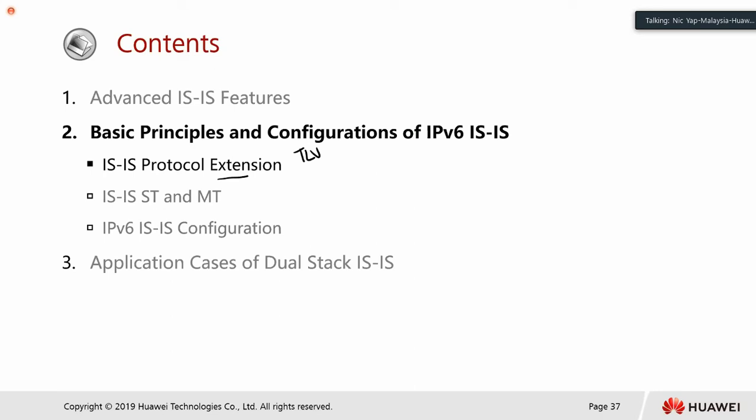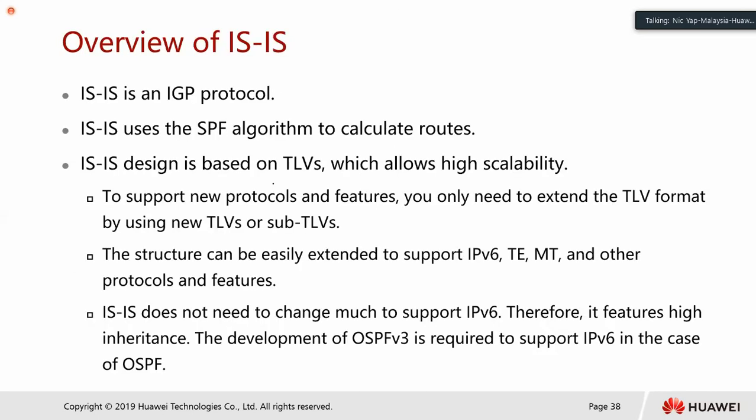Now we look into the ISIS protocol extension. What type length value did they add into ISIS to let it support IPv6? ISIS is an IGP protocol, and it also uses the SPF algorithm to calculate the route.